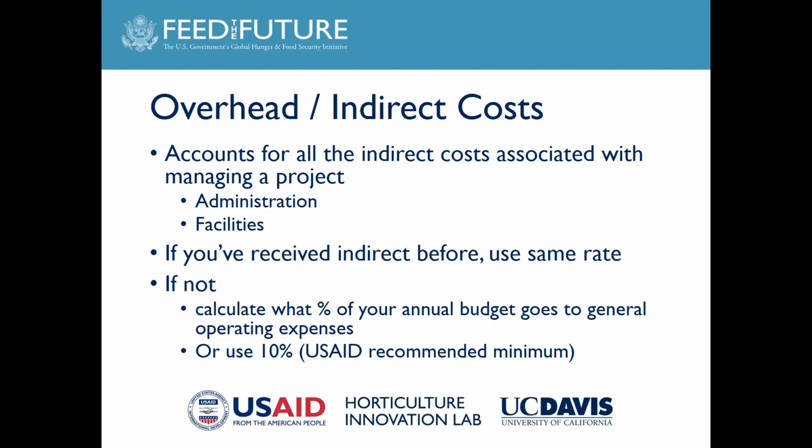Calculate that percentage, and that's going to be about your overhead. If that's a lot for you to calculate, you can just use 10%, which is the USAID recommended minimum. So just to give you an idea, 10% is very low.